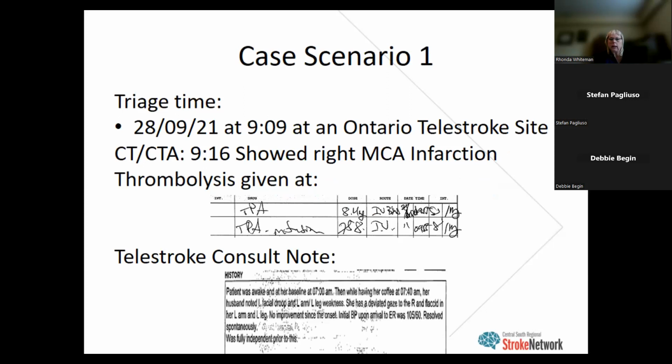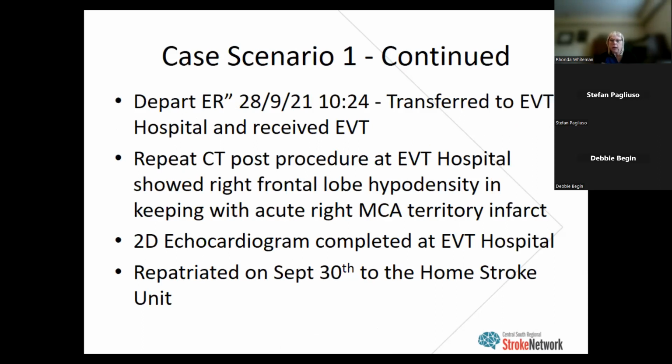So this is a triage time at 9:09 at an Ontario telestroke site. The CT showed a right MCA infarct. The patient received thrombolysis. There is a telestroke consult note. The patient at 10:24 was transferred to an EVT hospital and received EVT.